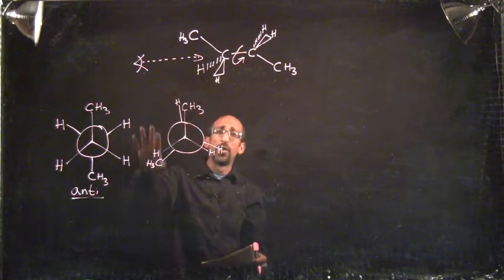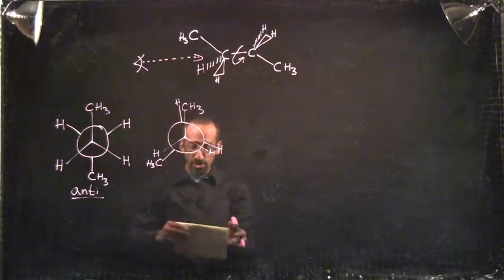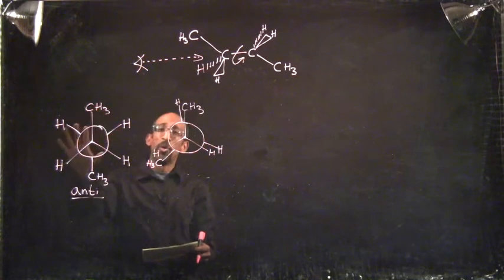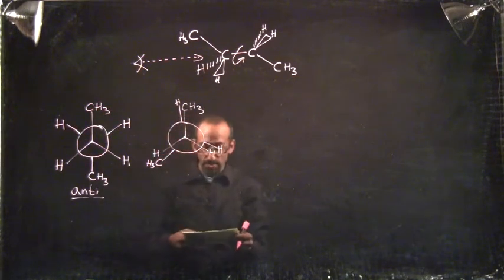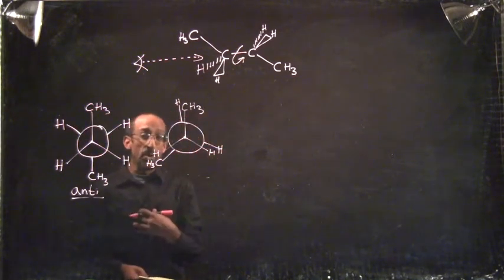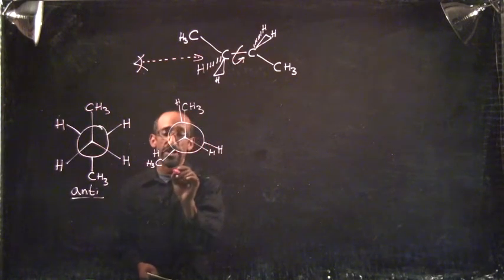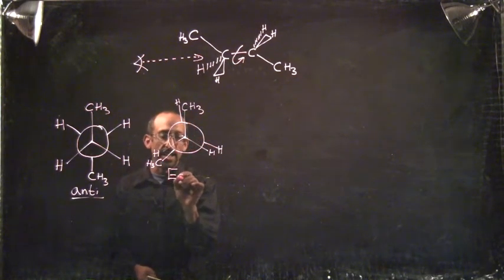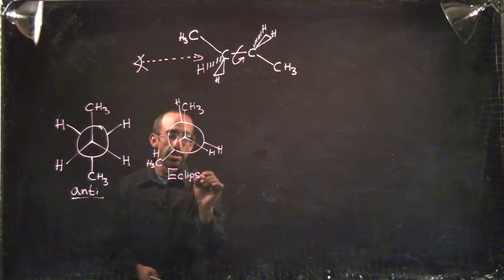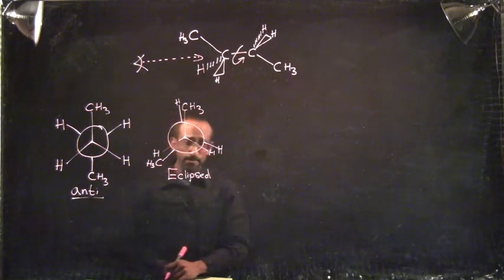This type of orientation, or this type of conformation, similar to what we have here, also has a very specific name. For my purposes, I would like you to refer to this as an eclipsed conformation, right?